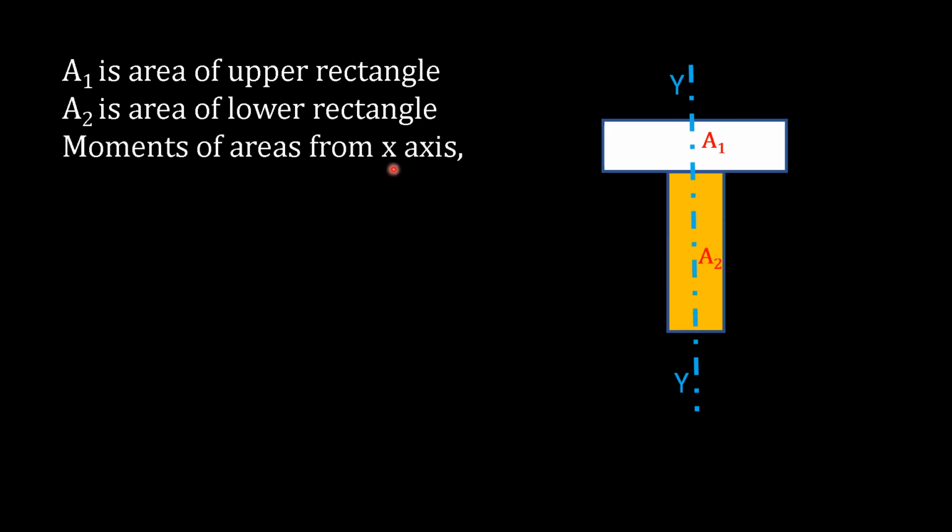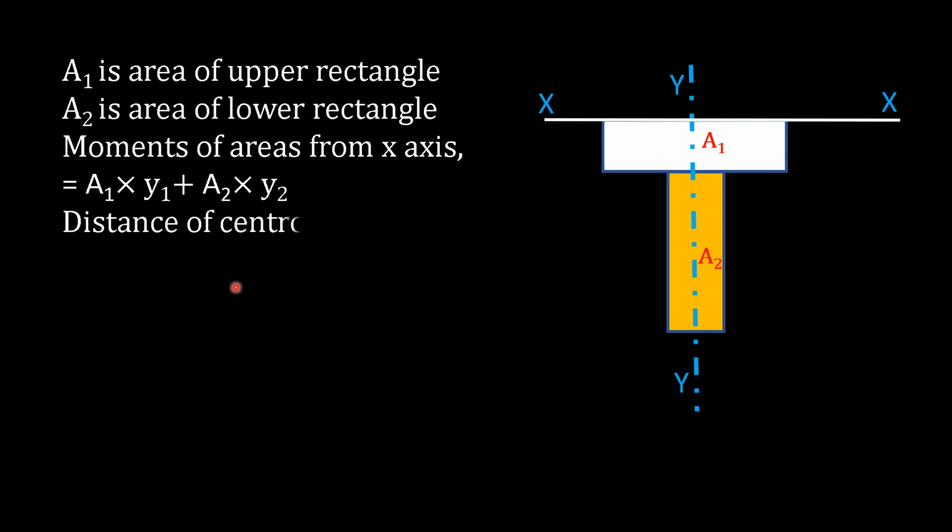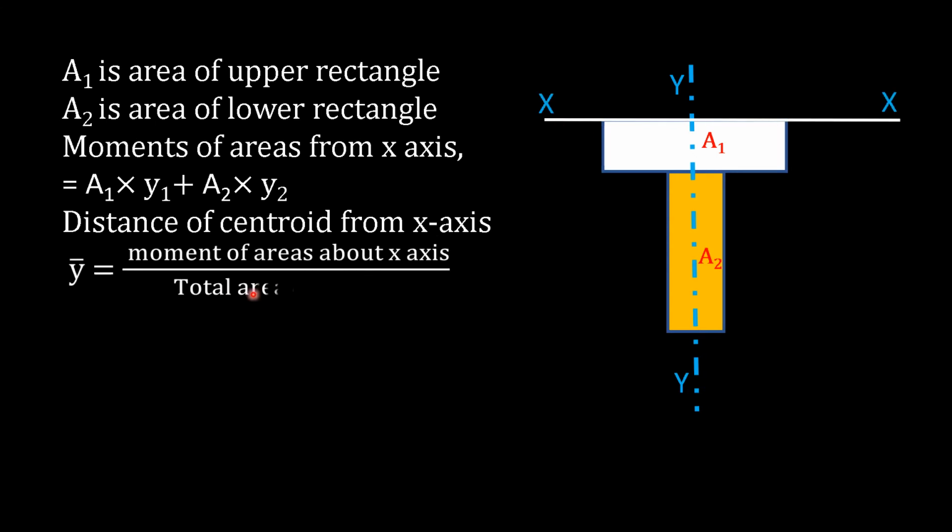Moments of areas from x-axis equals A1y1 plus A2y2. Distance of centroid from x-axis, y bar, equals moment of area about x-axis divided by total area of the section, which will be A1y1 plus A2y2 divided by A1 plus A2.